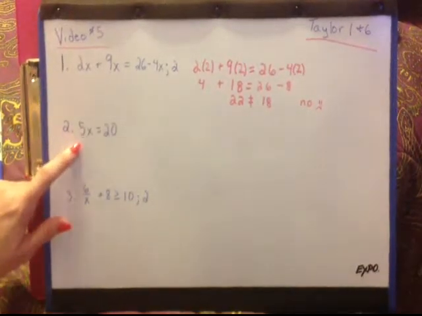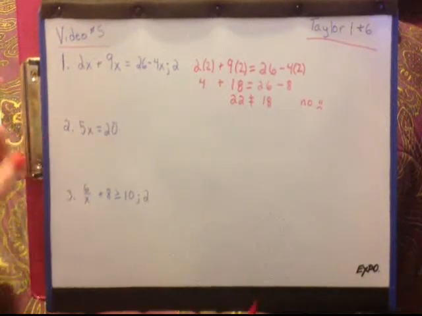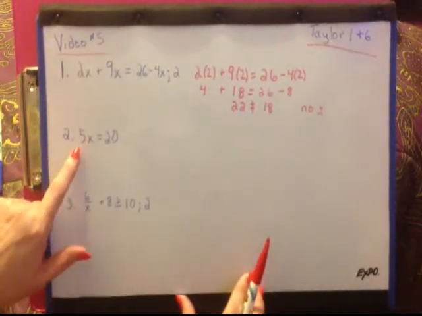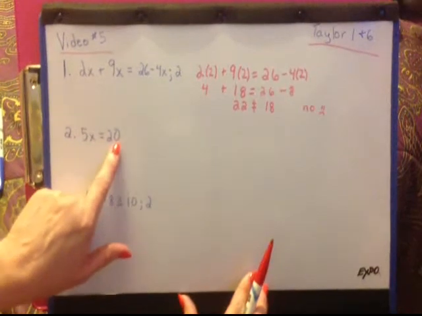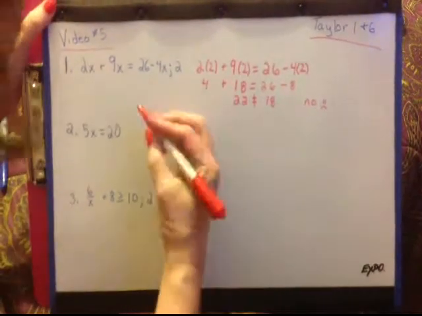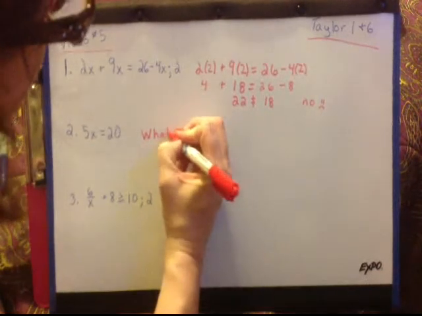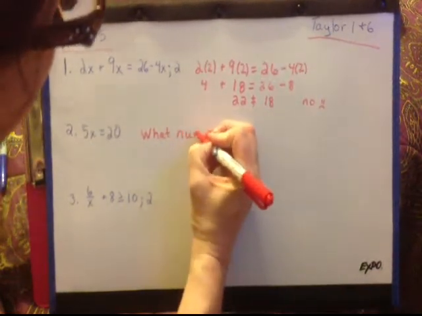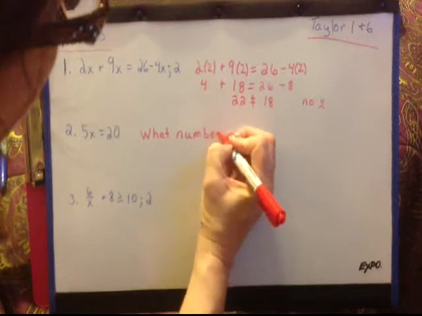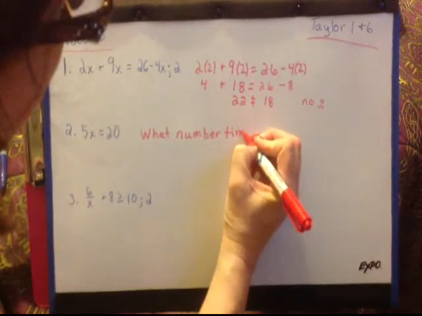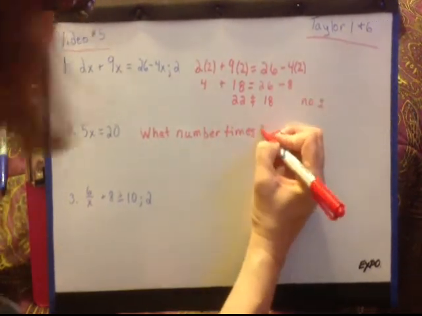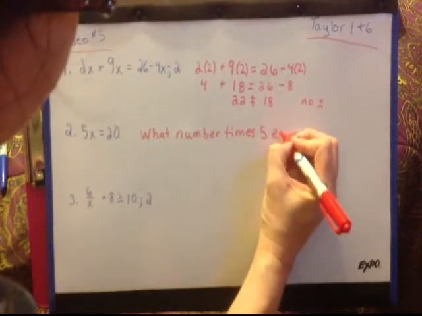So our question here is, first of all, let's look at the equation. 5x equals 20. And so the question that you need to think of is, what number times 5 equals 20?